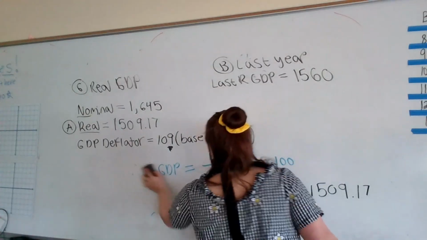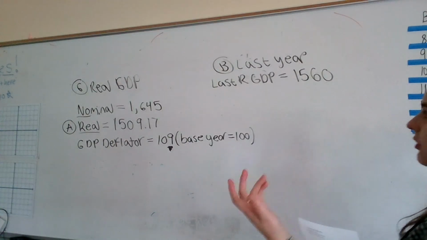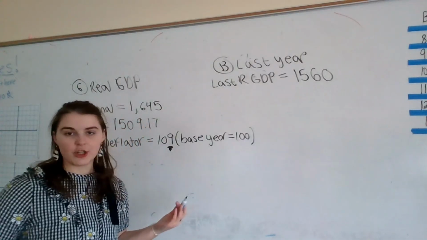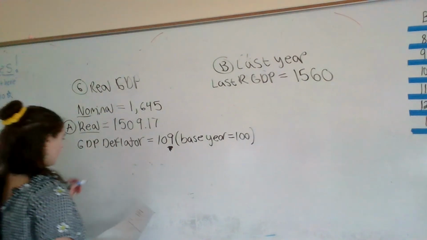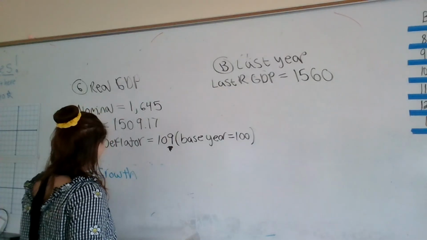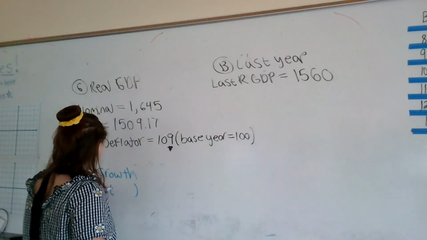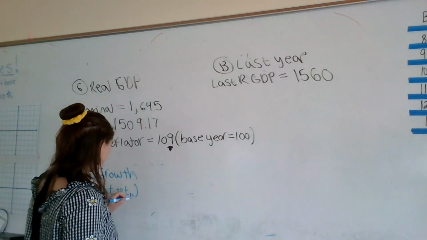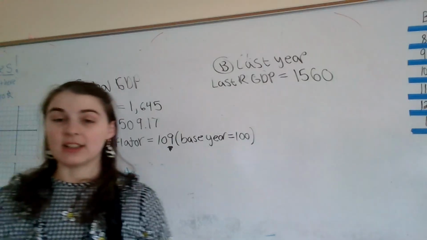So I'm going to erase this. How do we calculate a growth rate? Well, growth rates are just percent changes, just like we did with elasticity, and they do the exact same thing. If we're looking for a change from one period to the next period, this little t plus 1 is representing the next year.